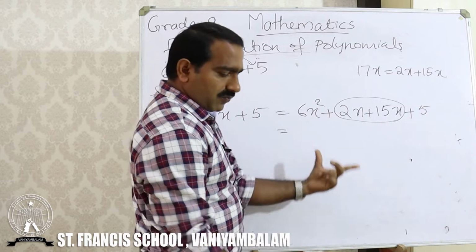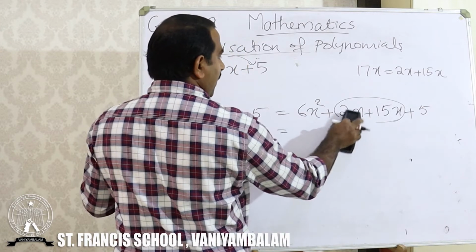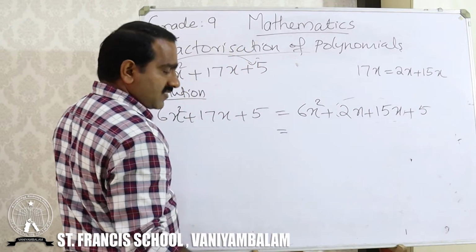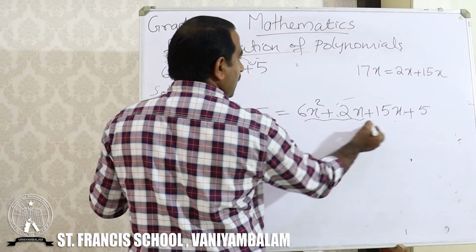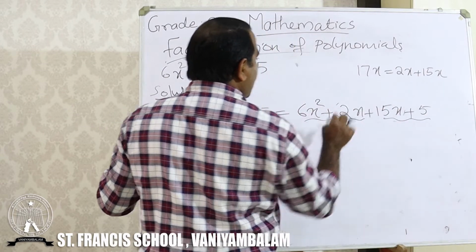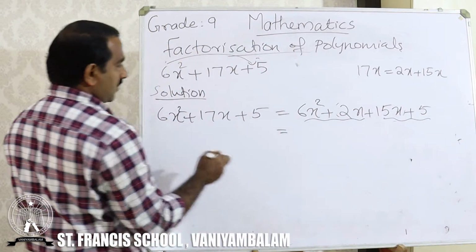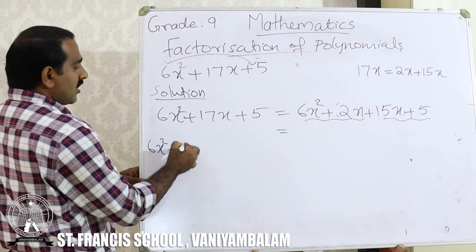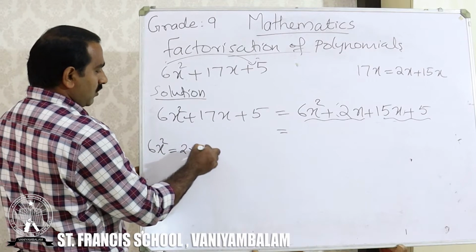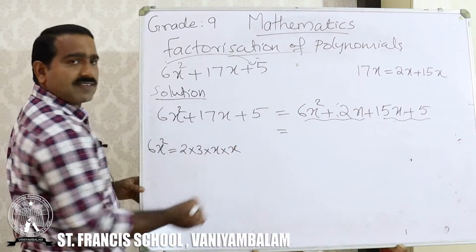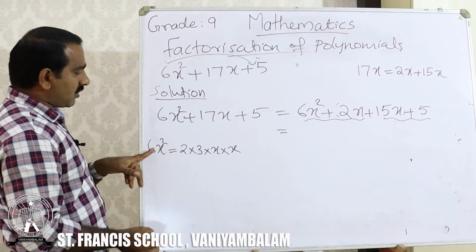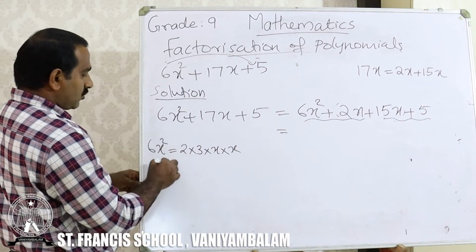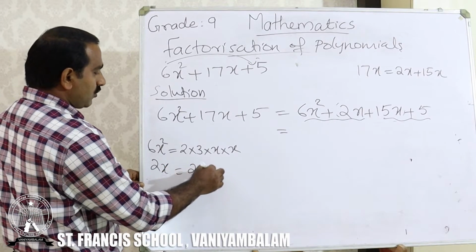Now we are going to find common factors. First we make groups, first and second term, third and fourth term. In the first and second terms, 6x square, factors of 6x square is 2 into 3 into x into x. Is it clear? Any doubt? And 2x equal to 2 into x.